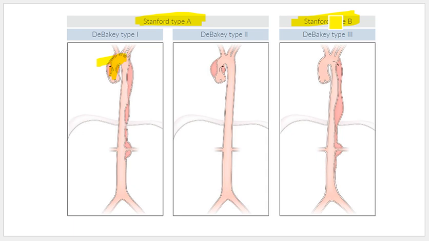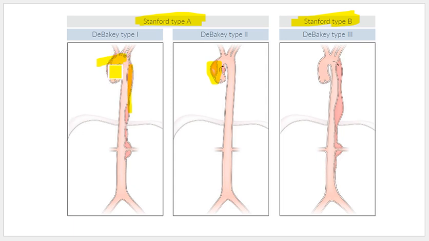Stanford A or Stanford B? The answer will be Stanford A still. You just have to memorize that whenever the ascending aorta is involved, we call it Stanford A, regardless of whether the patient has involvement of the descending aorta or not. So Stanford is basically based on the involvement of the ascending aorta.